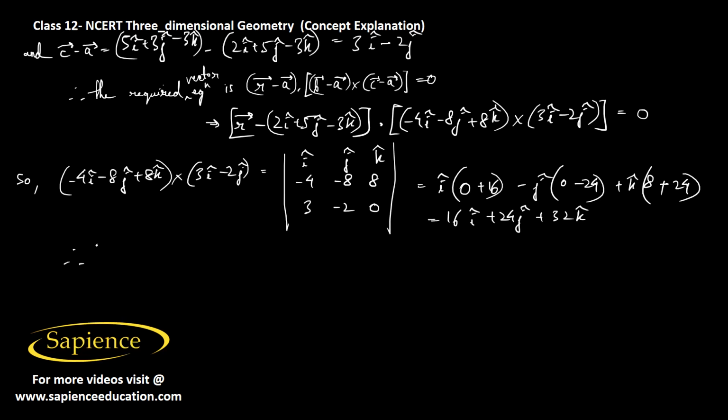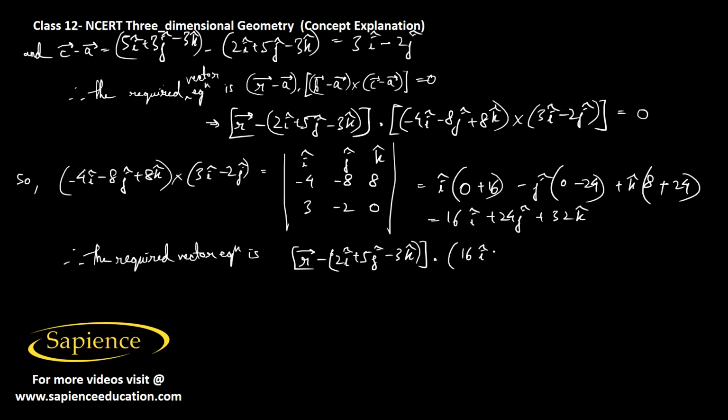So therefore, the required vector equation of the plane is r vector minus 2i cap plus 5j cap minus 3k cap dot product with this vector, which is 16i cap plus 24j cap plus 32k cap. It should be equal to 0.